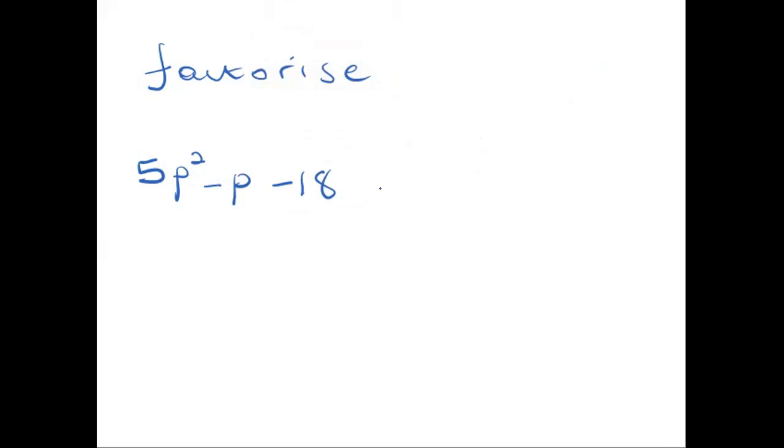The first step was to find the product of AC. In this case, we've got A being 5 and C negative 18. So AC is equal to 5 times negative 18. This gives negative 90.